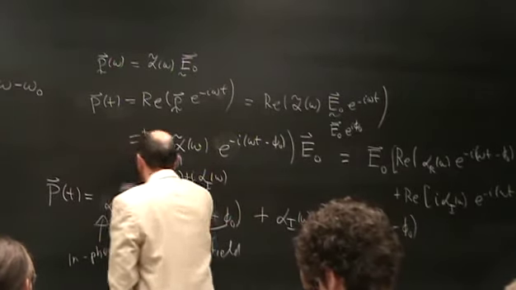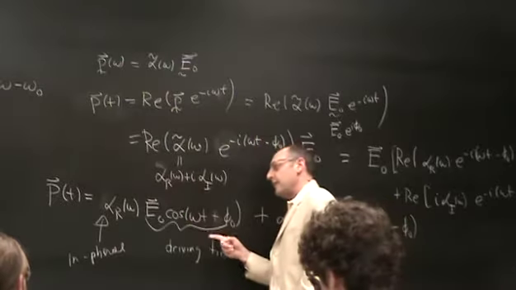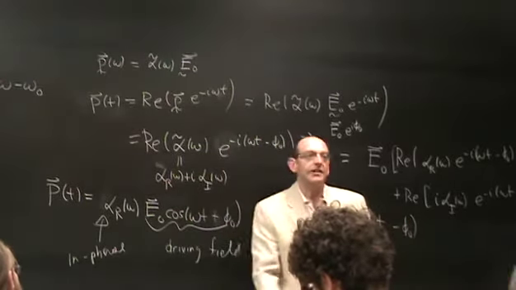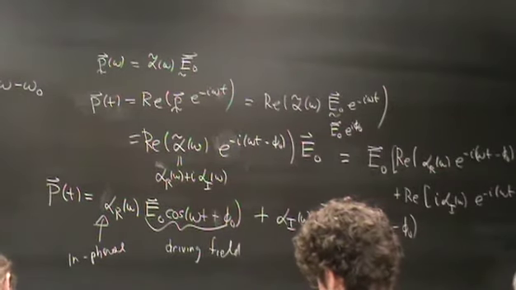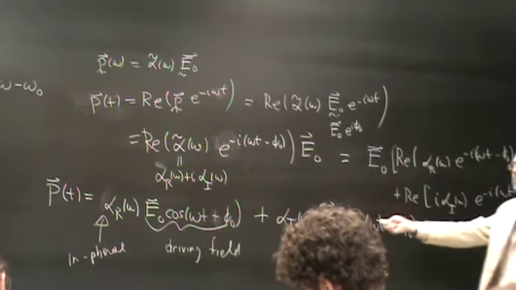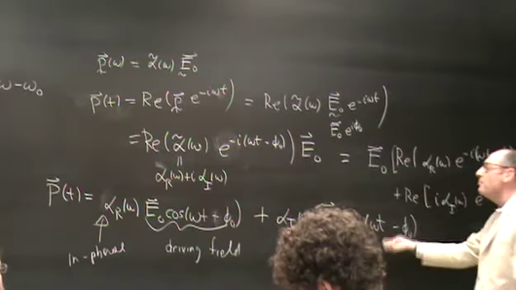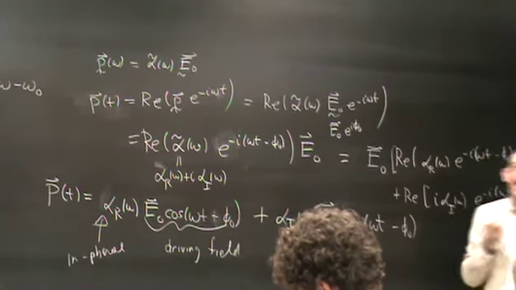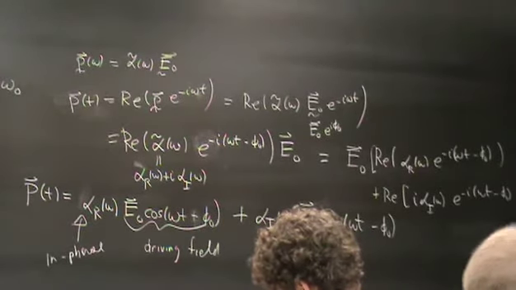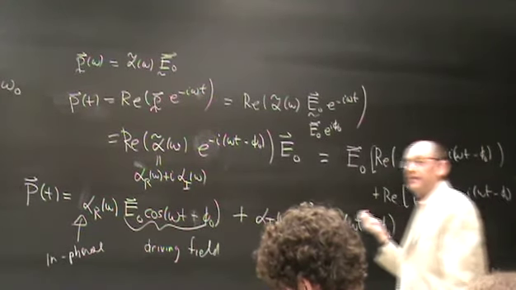The real part of this complex function is telling me how much of the oscillation is in phase with the drive. The meaning of the imaginary part is just it's telling me how much of that is in quadrature, meaning 90 degrees out of phase with the response. It's all it means.